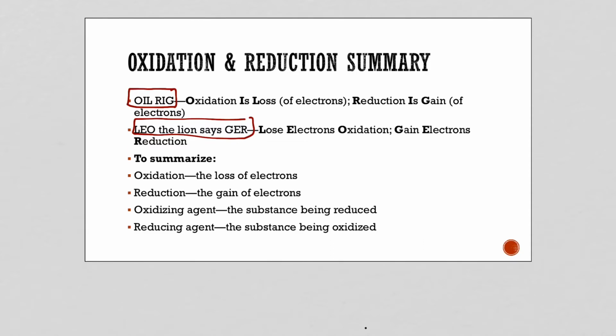An older one is LEO the lion says GER, where LEO is lose electrons oxidation, GER is gain electrons reduction. So again, oxidation is loss of electrons, reduction is gain. The oxidizing agent is the substance that is reduced. The reducing agent is the substance that is oxidized.